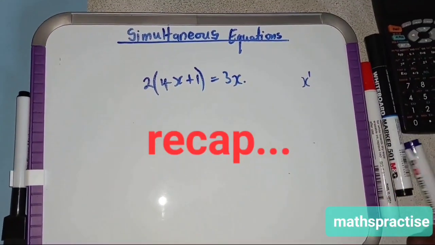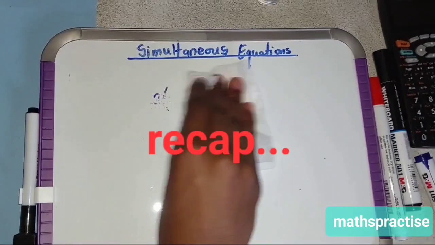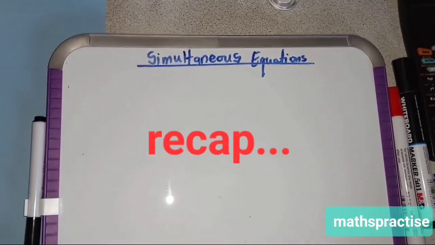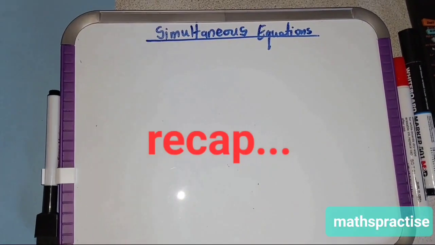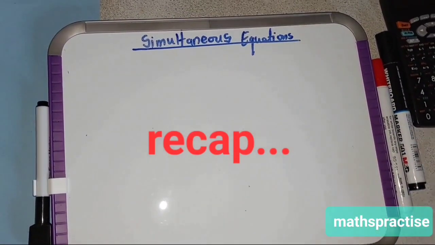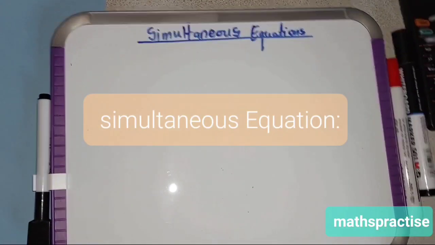So in today's video, we're just going to be looking at the second type of equations, which are the simultaneous equations, right? How do you identify a simultaneous equation?